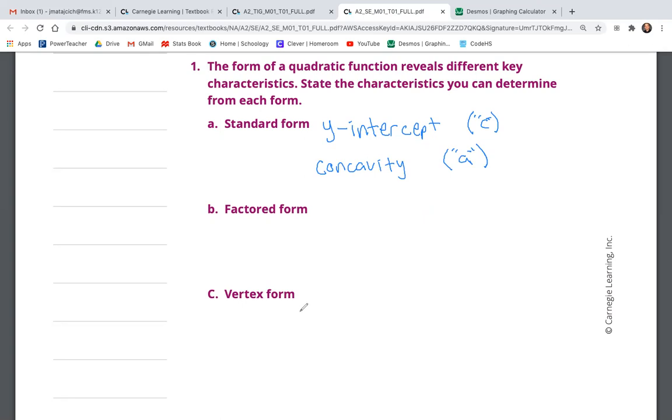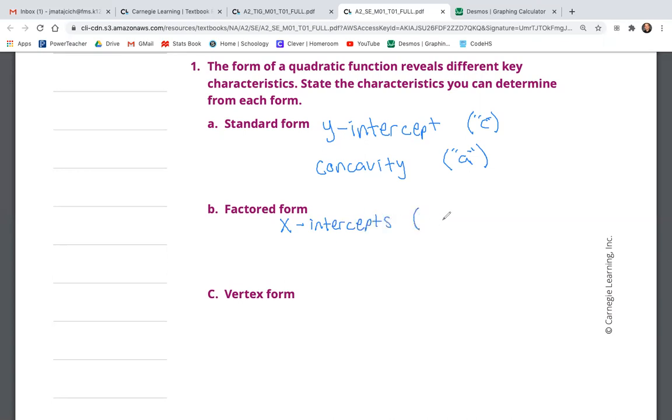Now, factored form, different things to find in factored form. Really, the only difference is instead of the y-intercept, you're going to be able to find the x-intercepts very easily. X-intercepts.